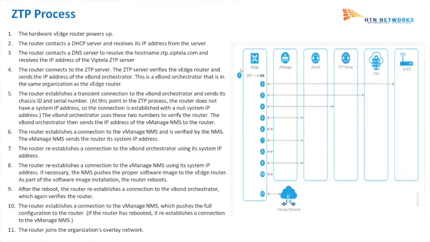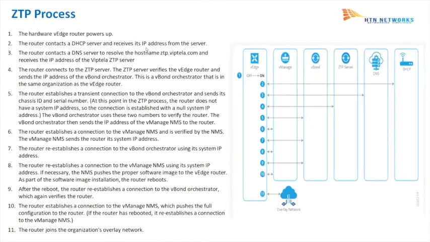This vBond orchestrator is the same orchestrator that they configure using the organization name on your router. The router establishes a connection with the vBond orchestrator and sends its chassis ID and serial number. Those are the two items that vBond checks, and based on this information, it authenticates.